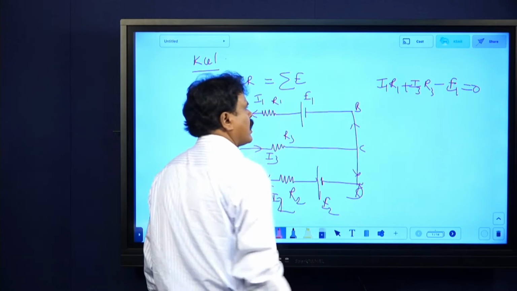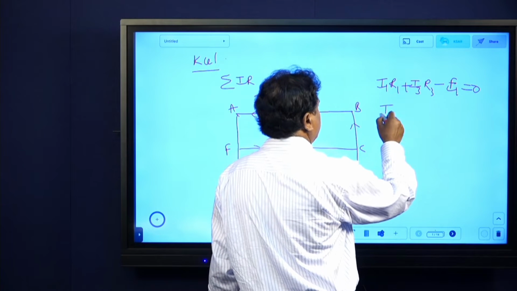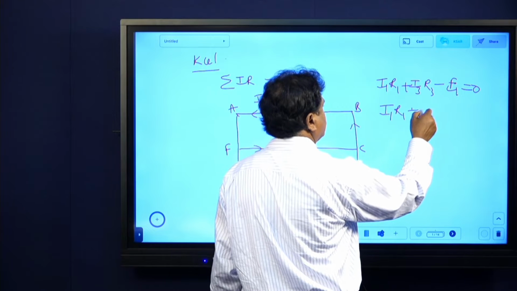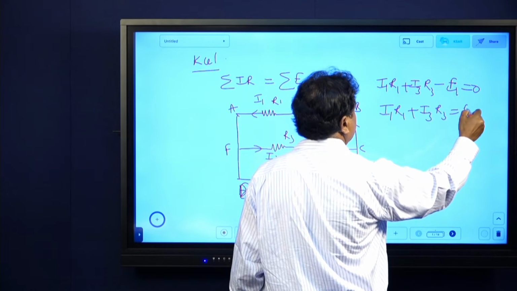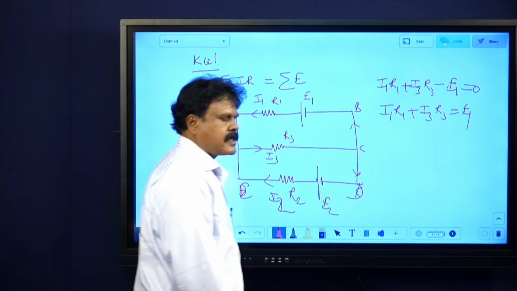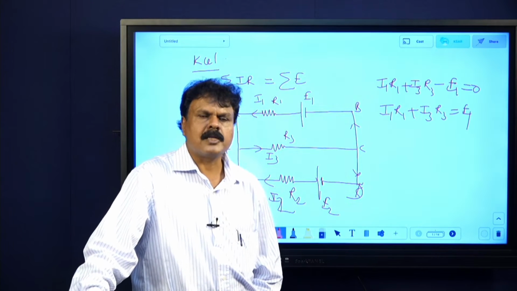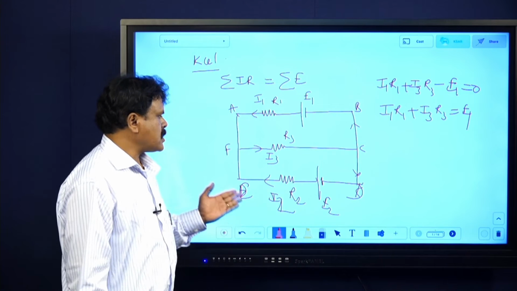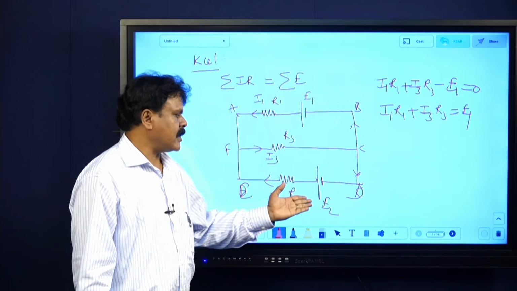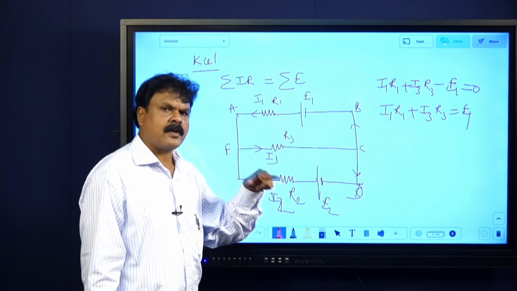When you are getting the negative terminal, you can take it as minus. Then overall, I1 R1 plus I3 R3 equals E1. This is one example: the algebraic sum of EMFs present in a circuit is always equal to the algebraic sum of the IR products. For this loop also, same thing, I2 R2 plus I3 R3 minus E2 equals 0. If there are internal resistances, you have to consider even that.